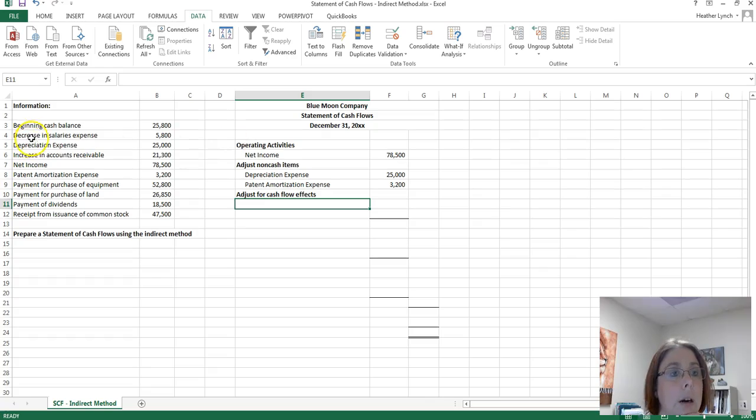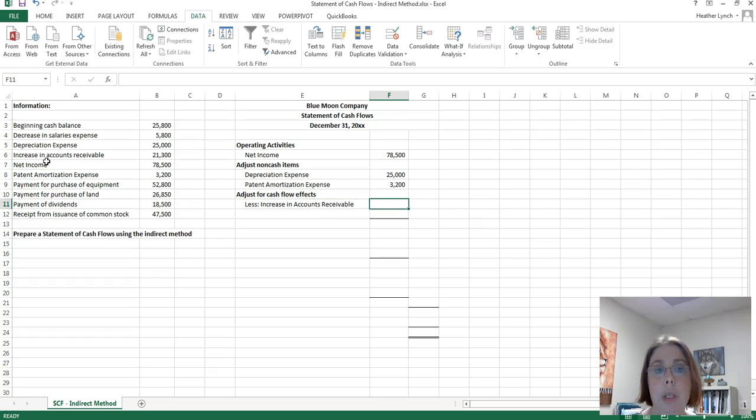Well, let's look here. We have an increase in accounts receivable. Since there's an increase, we're going to have less cash. Why is it less? Well, we had an increase in accounts receivable, so we didn't receive cash, but we had sales.